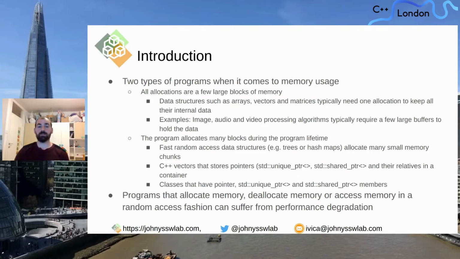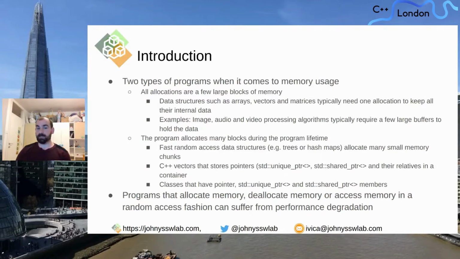For example, if your program uses fast random access data structures such as trees or hash maps, and many programs nowadays do, it will allocate many small memory chunks. It will ask many small memory chunks from the system allocator. If your C++ uses pointers to store data, such as raw pointers, unique pointers, shared pointers, it will also make many calls to the system allocator.